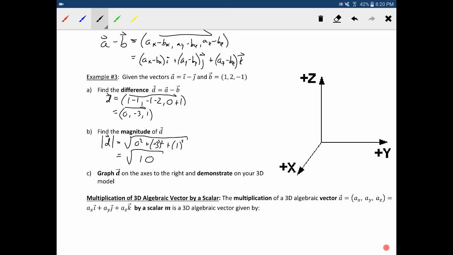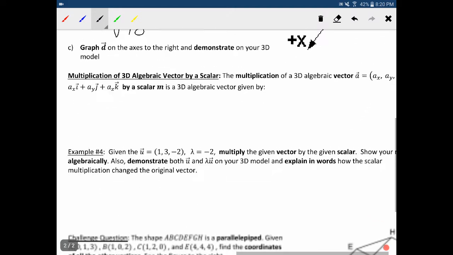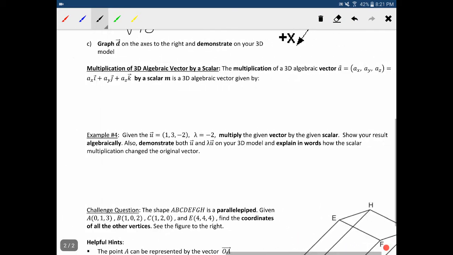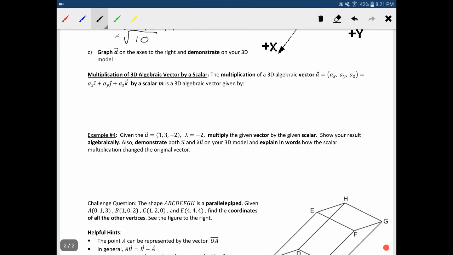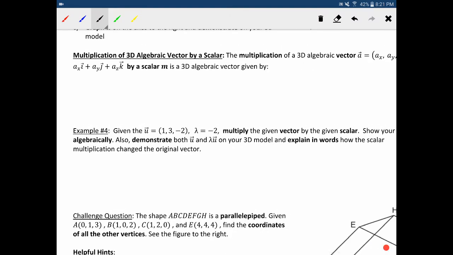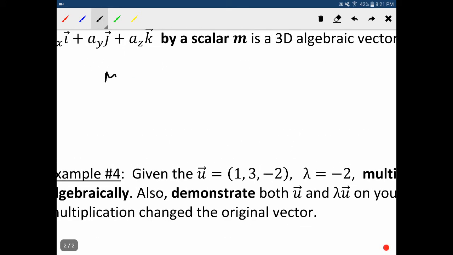The last thing I want to go over quickly is multiplication by a scalar. Again, it's all the exact same as in two dimensions. It's just that you've got a third dimension, so it's not actually any more challenging necessarily. So we've got m times a, where m is a scalar.